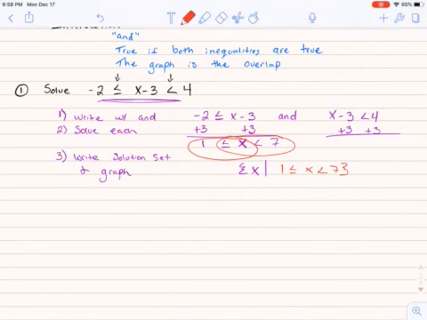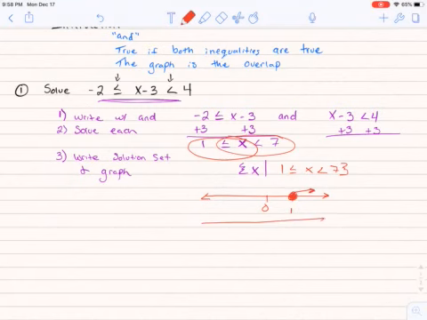Now, graphically, if we graph the first one, and only the first one, we have 1, and it'd be a closed circle at 1. 1 is less than or equal to x would be the same as x is greater than or equal to 1. So it'd be going this way.